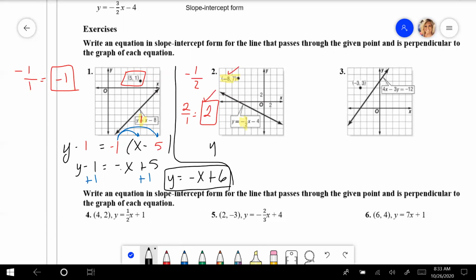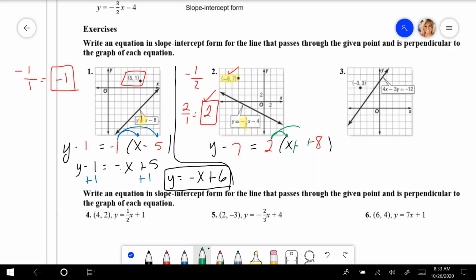So I'm going to do y minus y1 equals m times x minus x1. My new slope is 2. My x1 is supposed to be, what is that, -8? And my y1 is supposed to be 7. Always look, is there a minus and negative? Yes, so I'm going to change that to positive.